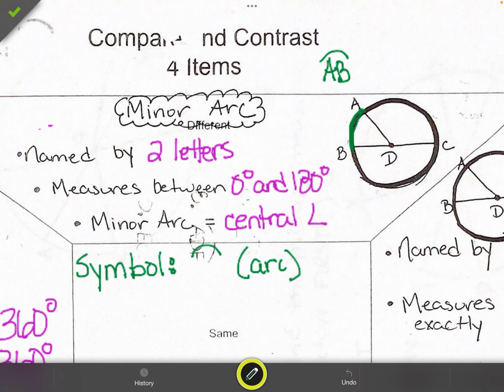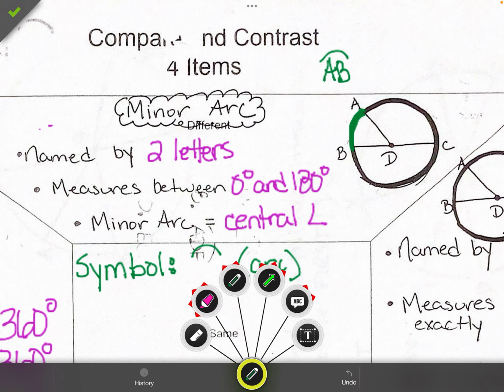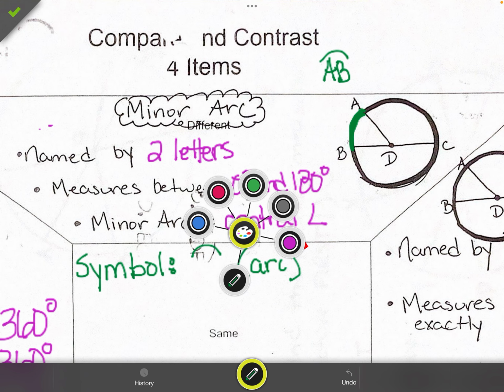And the way to remember if it's a minor arc is, is it smaller than half of a circle? Half of a circle is 180 degrees. If a whole circle is 360, half of a circle is 180. And so if this piece is smaller than half of your circle, it would be called a minor arc. There's another minor arc in this picture.